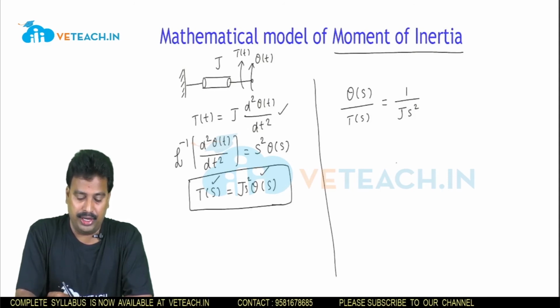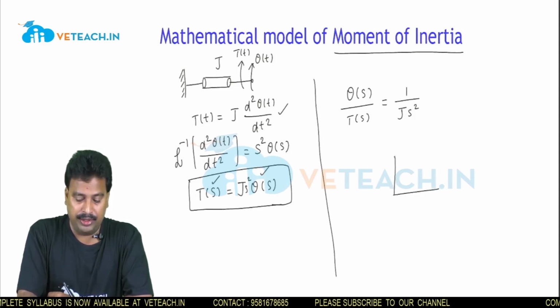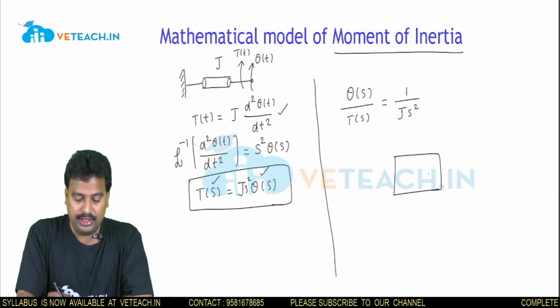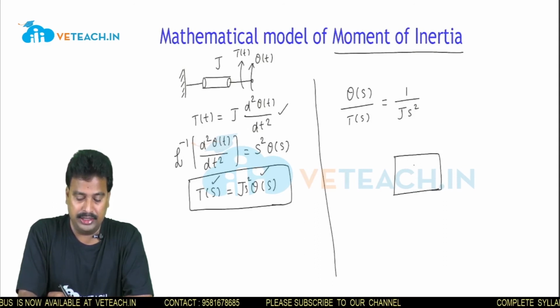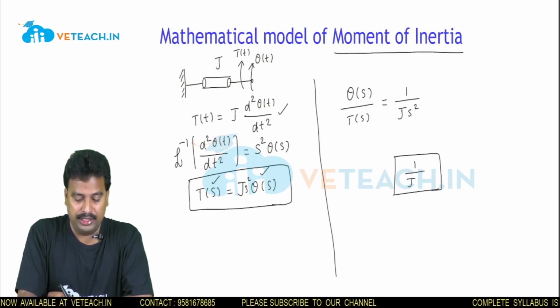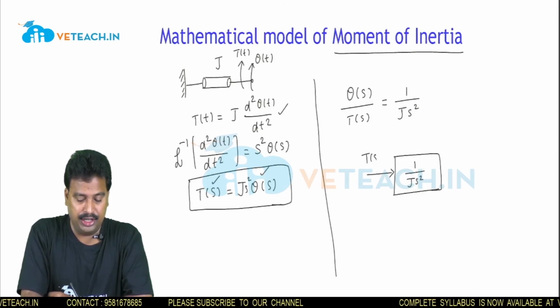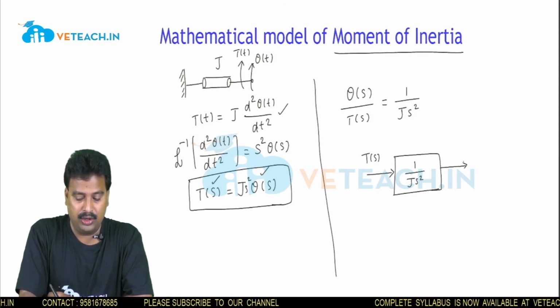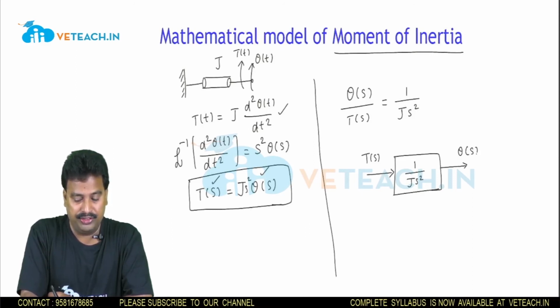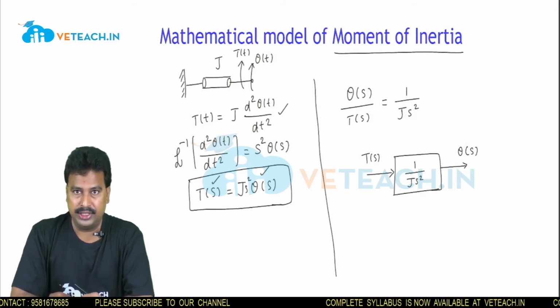If you draw the block diagram for this element, it would be like this. The block contains the transfer function value, and the input we have applied to this system is T of s and the output that is available to us is theta of s.